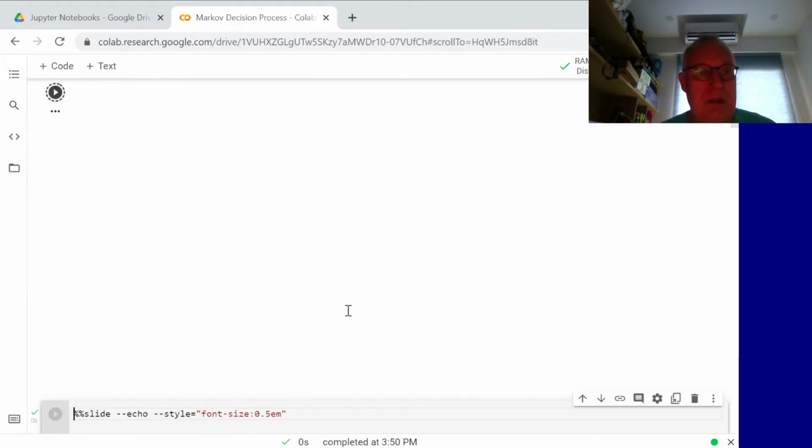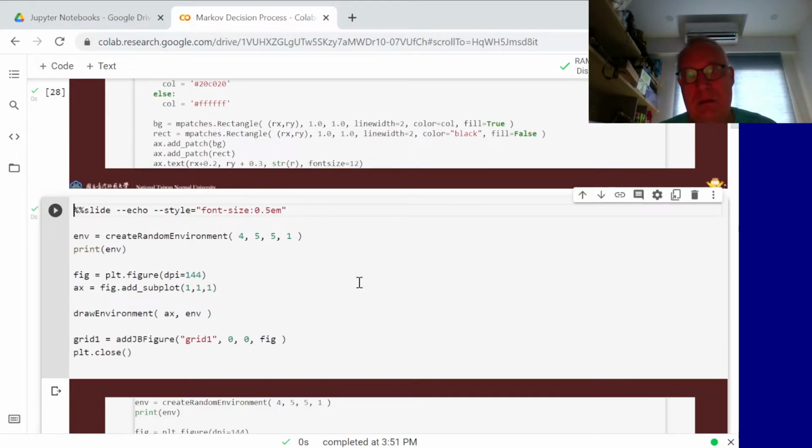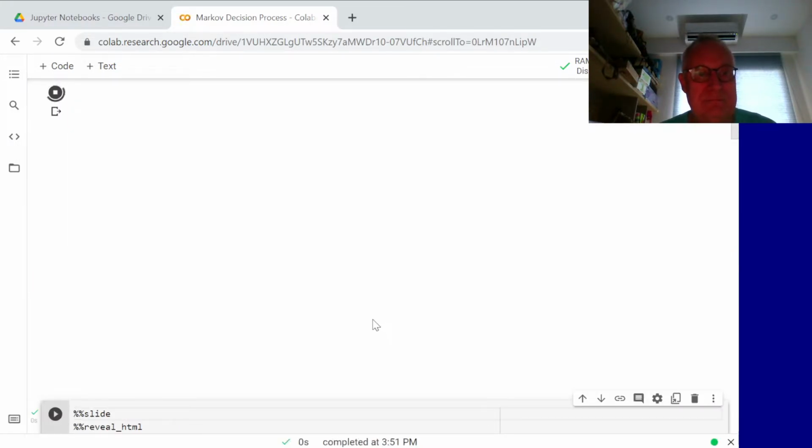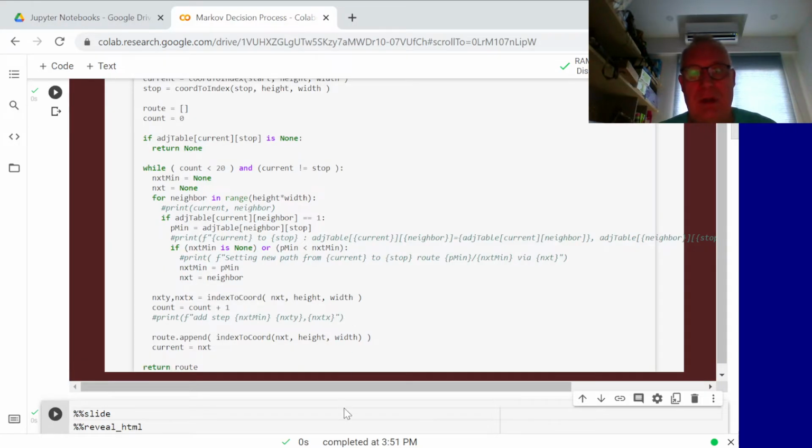Firefox, I think, you would expect there to be more problems. Now it's running in Google Chrome.